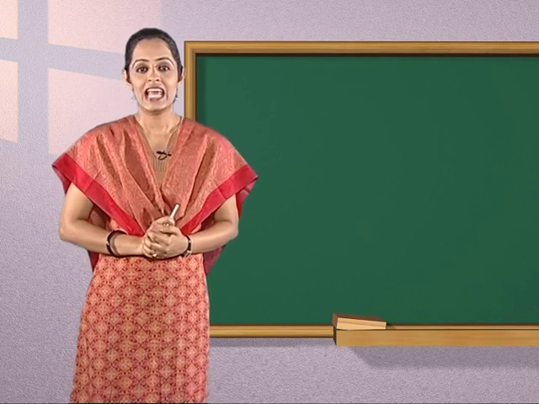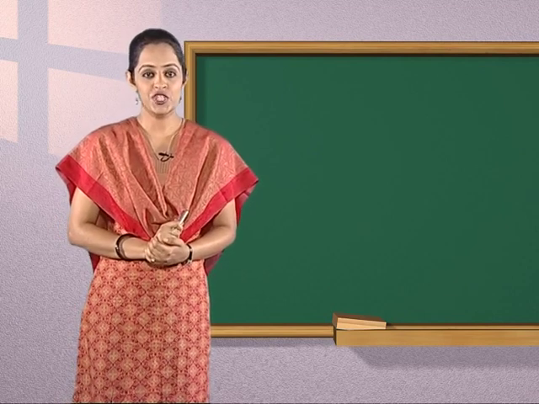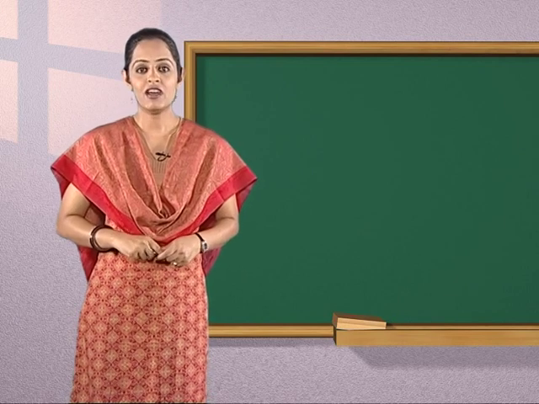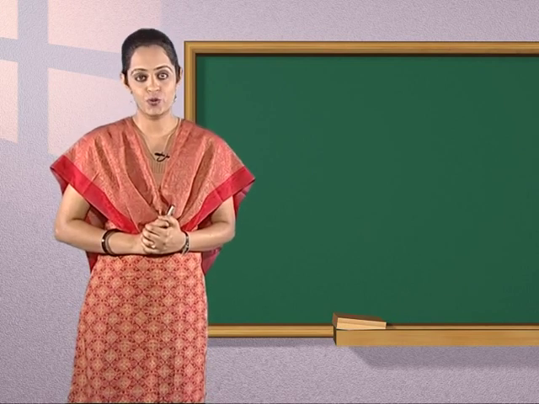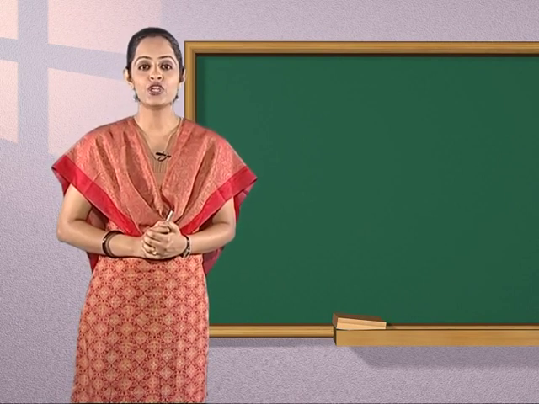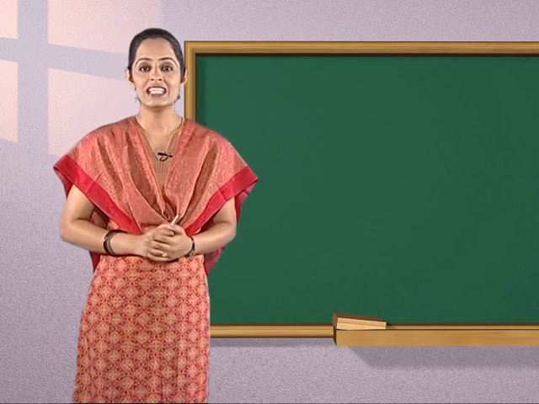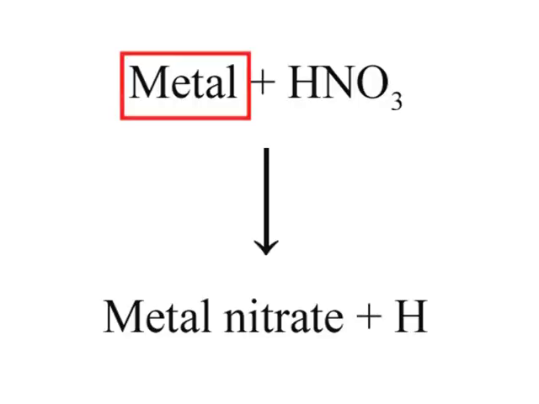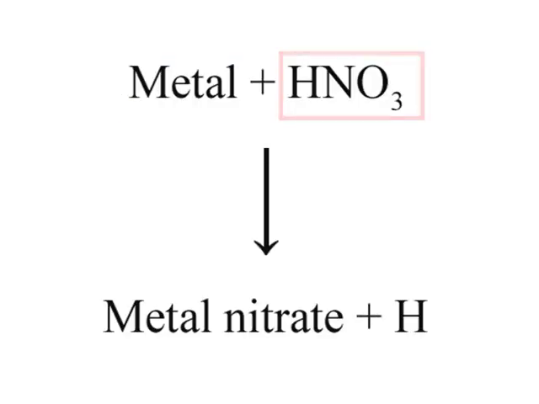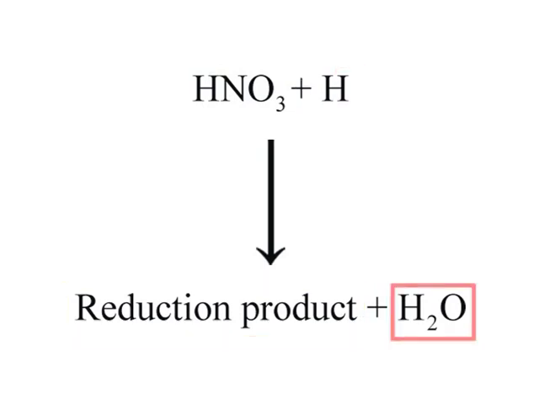In this case, nascent hydrogen is liberated, which further reduces nitric acid, giving a variety of reduction products such as nitrogen dioxide, nitric oxide, ammonia, ammonium nitrate and nitrous oxide. Metal reacts with nitric acid to form metal nitrate and nascent hydrogen. Nitric acid reacts with nascent hydrogen to form reduction product and water.